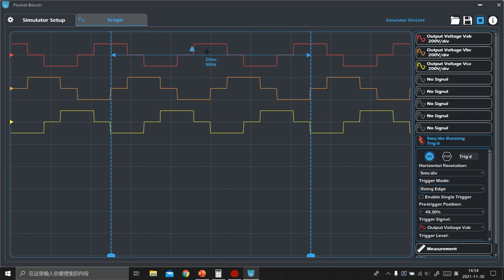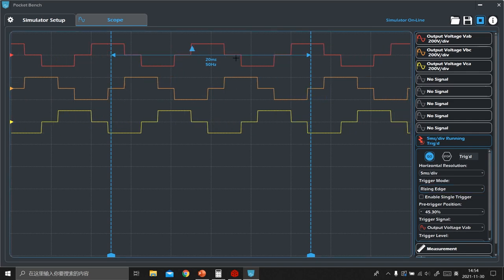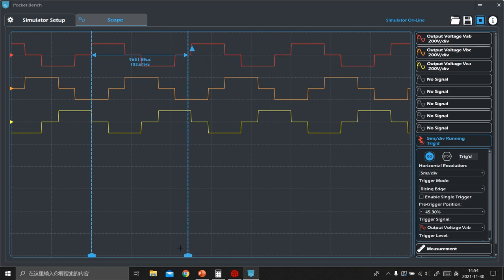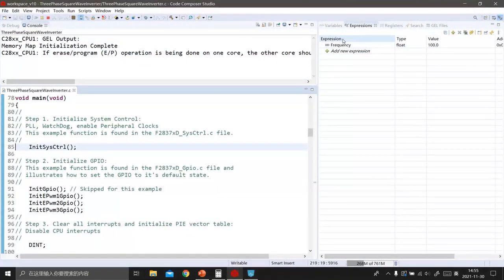So put the trigger here. Okay, now let's measure the period of the waveform. The period is about 10 milliseconds, and the output frequency is 100 Hz. So it's just what we have set in the DSP.